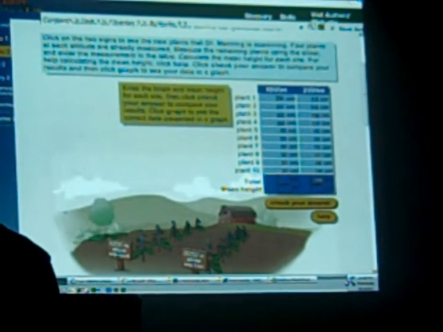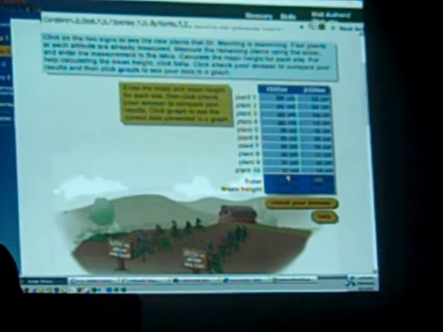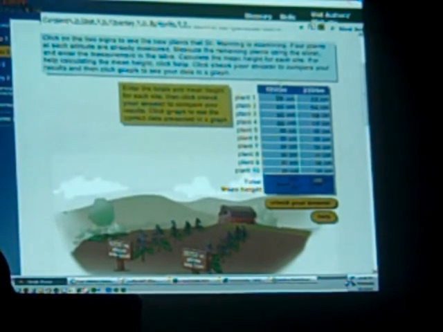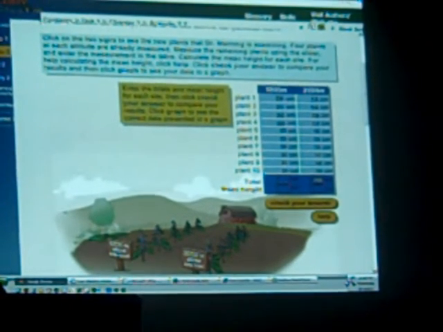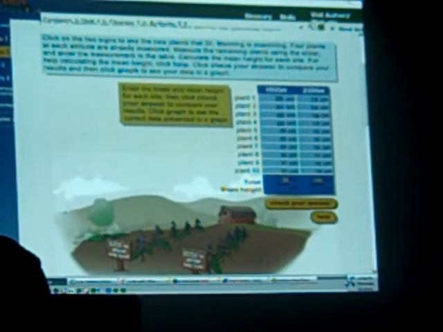Okay, so we have 100 over here. I'm not sure I agree with your measurements on the first one. Oh no, I'm wrong. 130. I got 309. 309, that's what I got too.